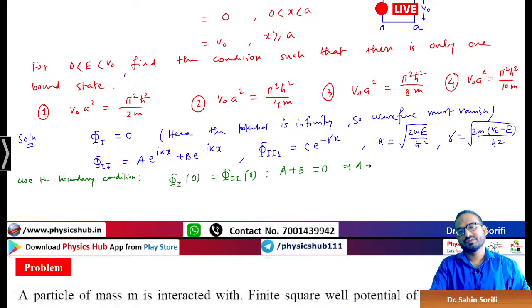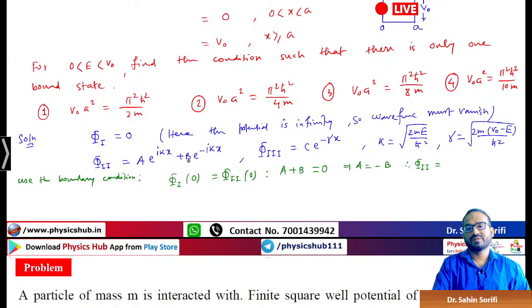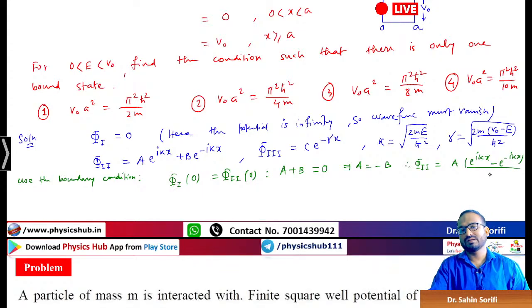That means A equals minus B. If A equals minus B, your phi 2 becomes A (e to the power ikx minus e to the power minus ikx). Since there is a minus, you cannot write only 2. If it had a plus, then you could write 2 to make it cos, but here it is minus, so we have to write 2i.